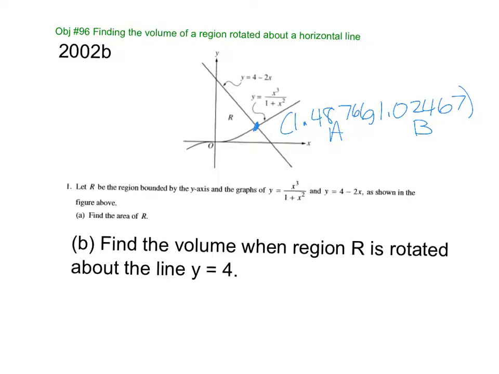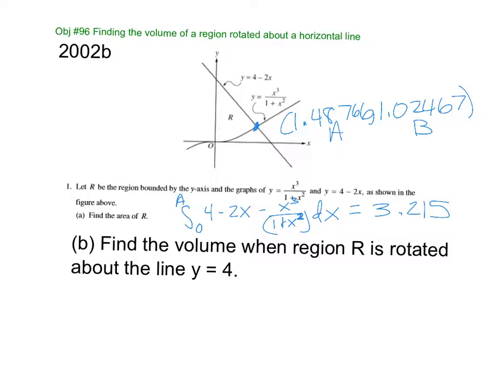So for the area, it's just 0 to A, top minus bottom, and be really careful plugging that into the bottom. Make sure you put parentheses around the bottom. I plugged that in my calculator, and I got 3.215.